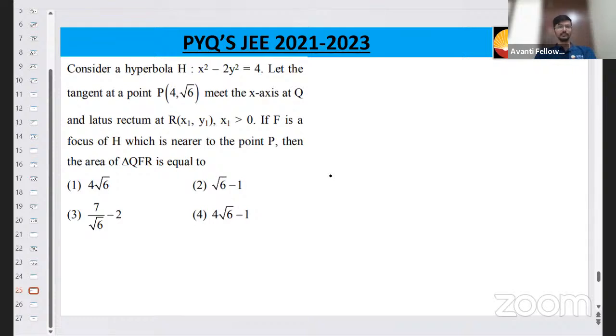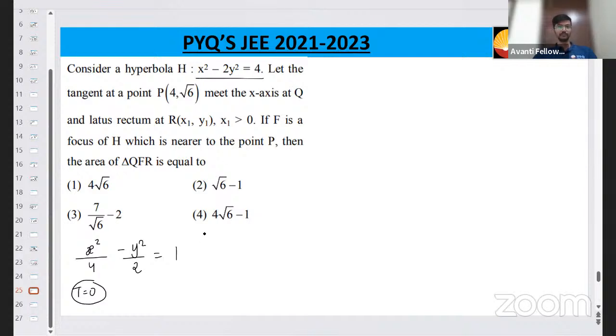Oh, it looks interesting. The question is, consider the hyperbola. Okay, let us write the hyperbola in standard form. It will be x²/4 − y²/2 = 1. Let the tangent at point P meet the x-axis at Q. Simple. What will be the equation of the tangent at point P? T = 0.